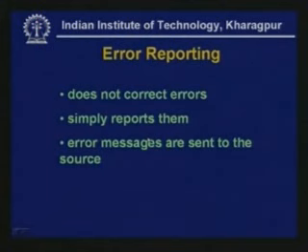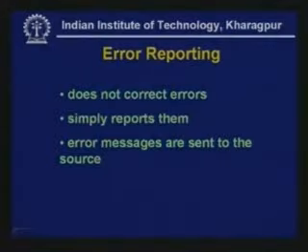So error reporting. By the way, there is no effort in ICMP to correct the errors. Okay, that is the job of some other layer, as we will see when we handle TCP, or maybe some other higher layer protocol. But the point is, it does not try to correct the errors; it merely reports the errors.